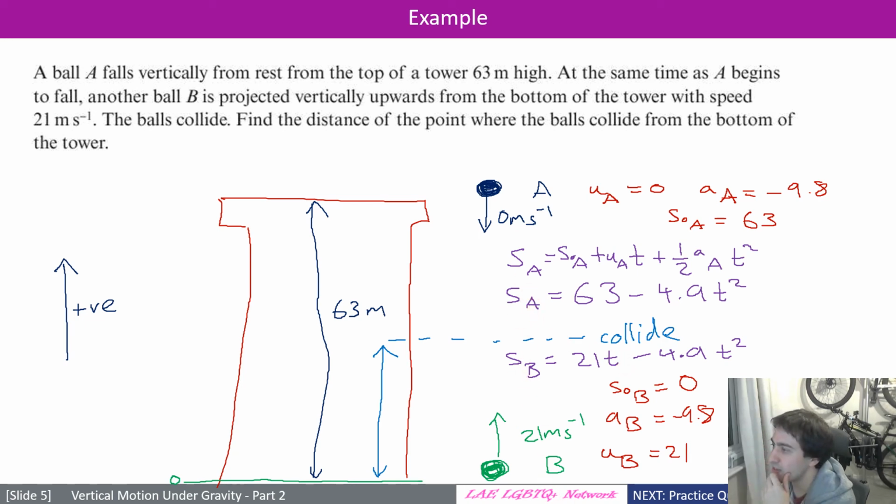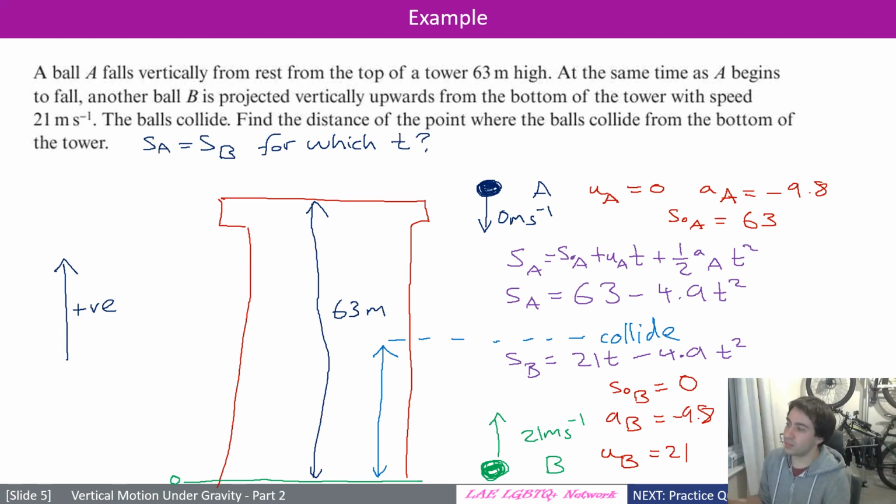So effectively, I'm just going to be solving a quadratic in a moment. SA equals SB for which t value, right? In other words, at what time are their displacements the same, which means they hit each other.